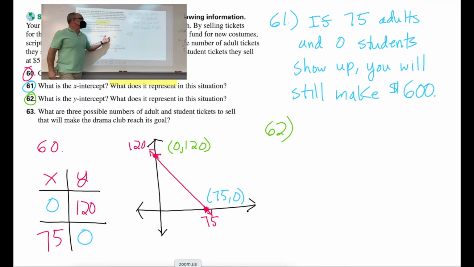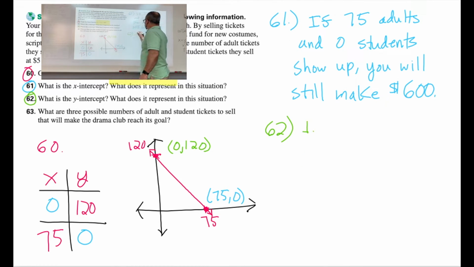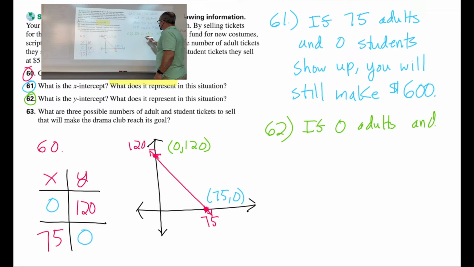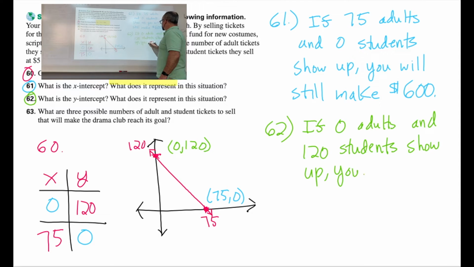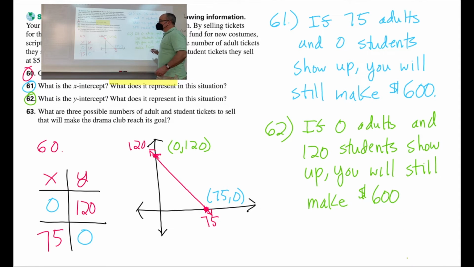Yeah, so this says if 0 adults and 120 students show up, you will still make $600. All right, now, Reed, you said you found a solution. What did you find?